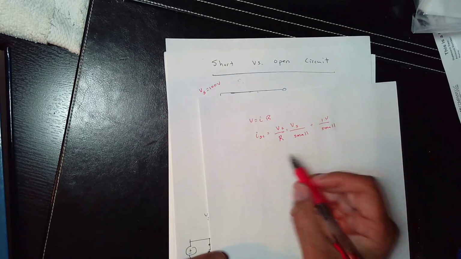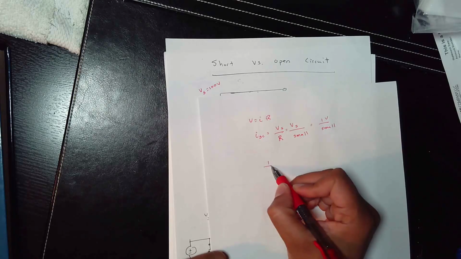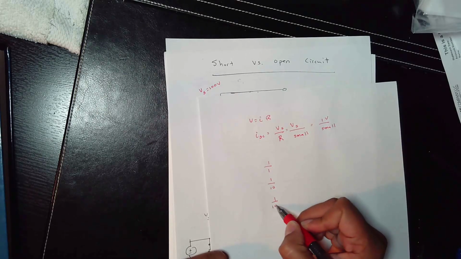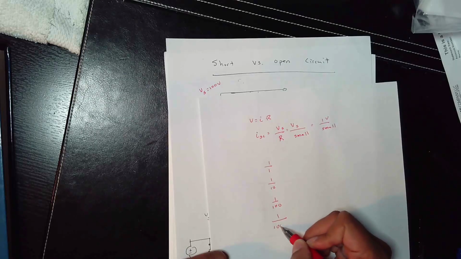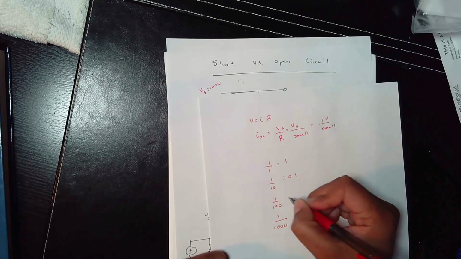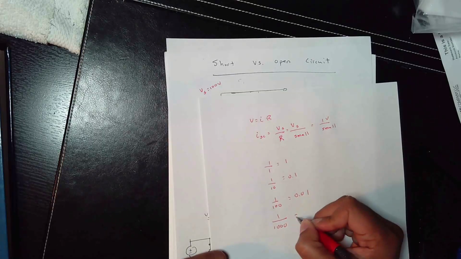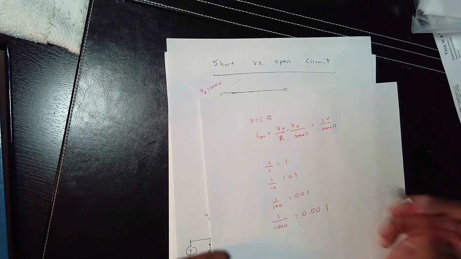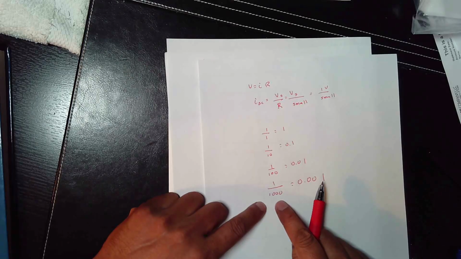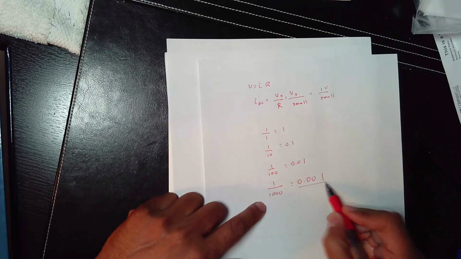So let's just say it's 1 over 1, then 1 over 10, 1 over 100, 1 over 1,000. So this is 1, this is 0.1, 0.01, 0.001. As you can see, the larger the resistance gets, the smaller the current.